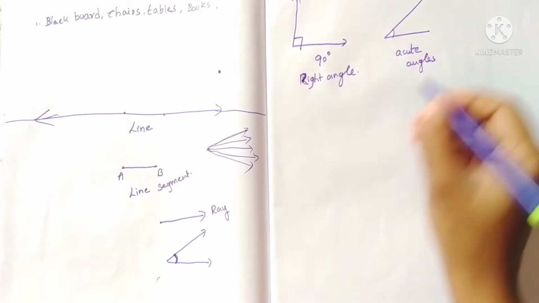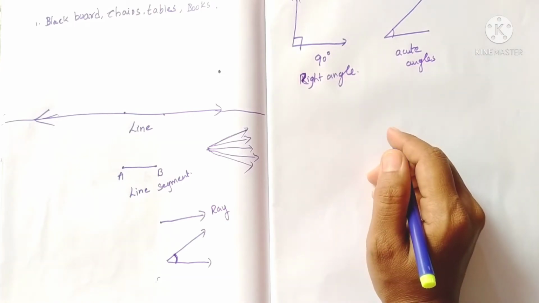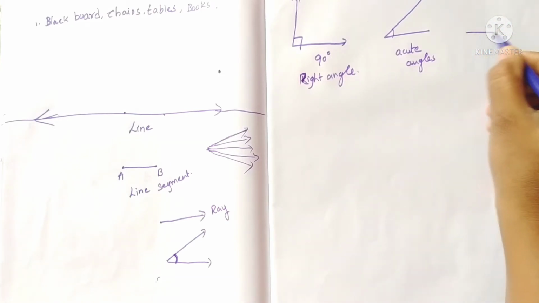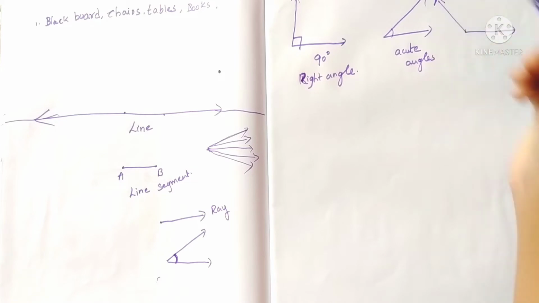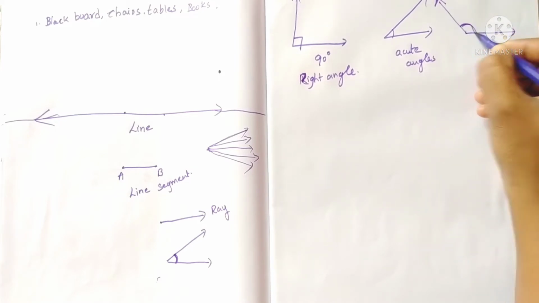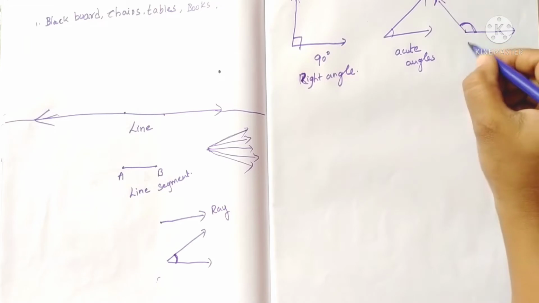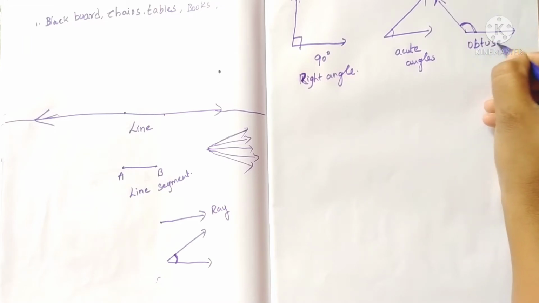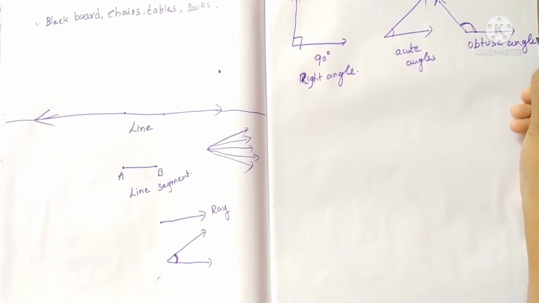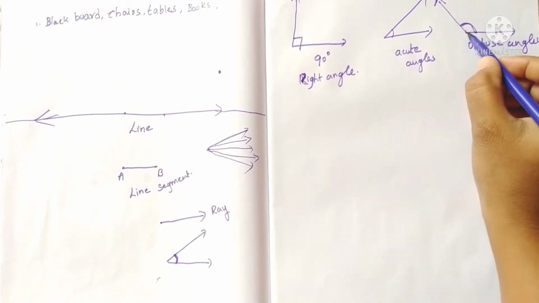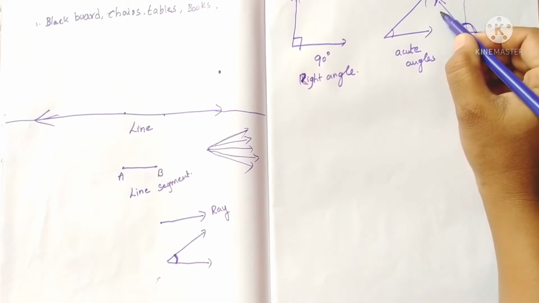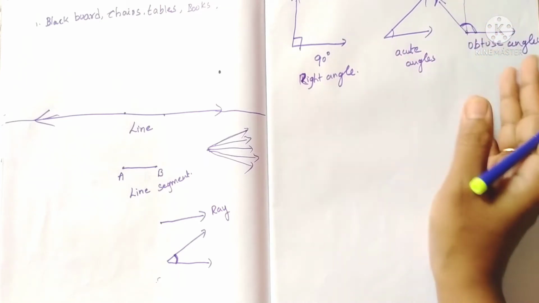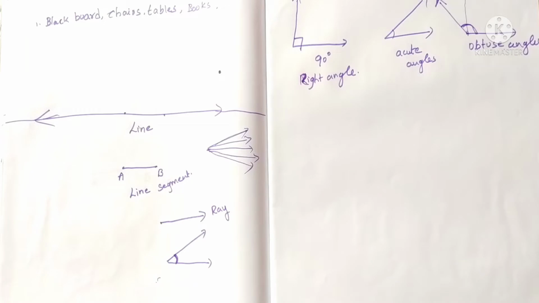So angles less than 90, we call acute angles. And a ray is like this, and if we draw like this, it is 90. And another ray is like this. This angle is greater than 90. This is an obtuse angle. So always consider the straight one as 90. If it is greater than 90, it is obtuse, and if it is less than 90, it is acute.